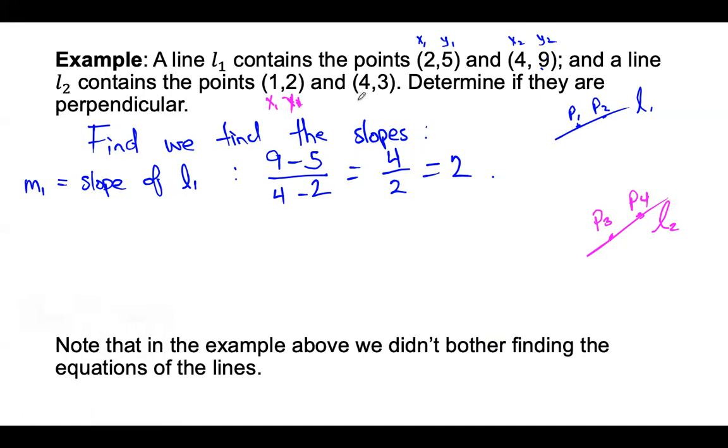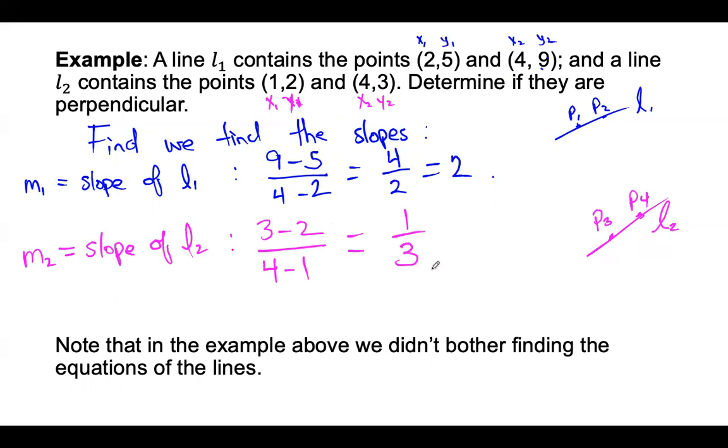Just remember X2, Y2, they're different because they're colors. So the slope of the second line: you take 3 subtract 2, divided by 4 subtract 1. So this will be 1 divided by 3.